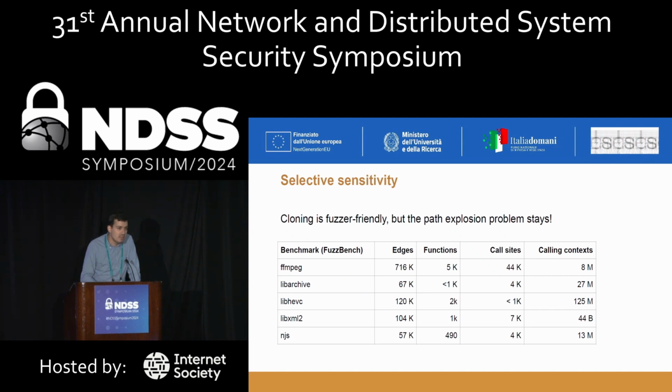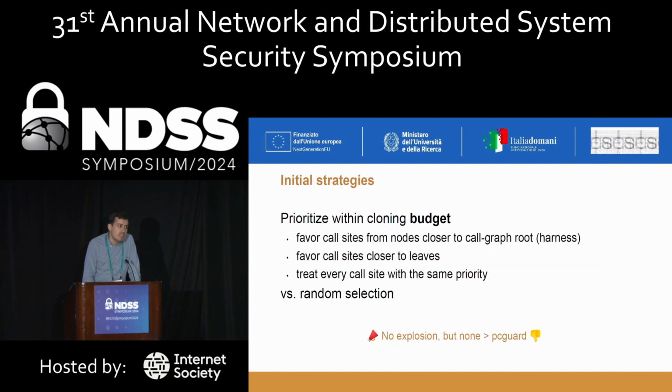So if you combine these two elements, you still have a very, very large space. We propose to do it selectively. So we decide that we can try to have selectivity within a budget. This budget is set by the map size because it's a main driver for performance, and so you can say, okay, I'm going to allow this many edges at most, and then you start cloning.